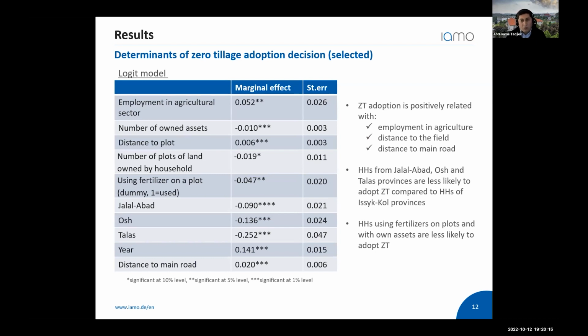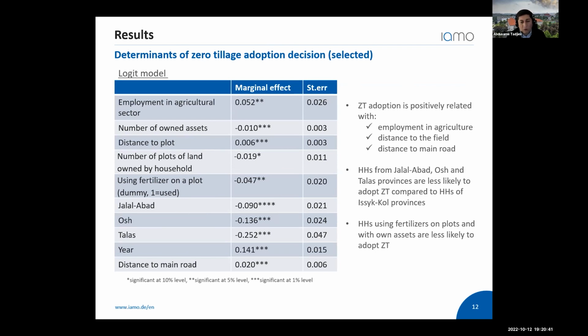So the probability of zero tillage adoption is positively related with employment in agriculture, distance to the field, and distance to main road. Also, the analysis shows that households from Jalalabad, Osh, and Talas provinces are less likely to adopt the zero tillage method compared to households of Issyk-Kul province.